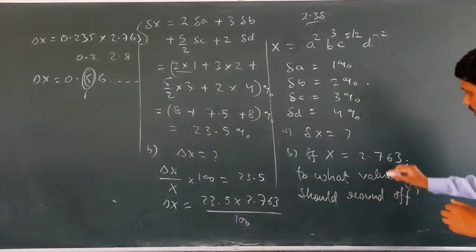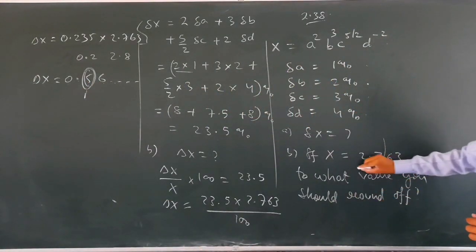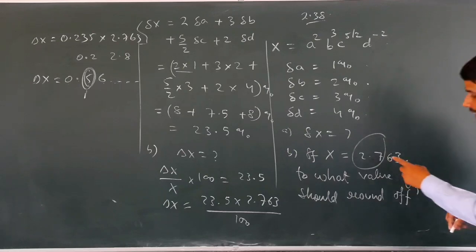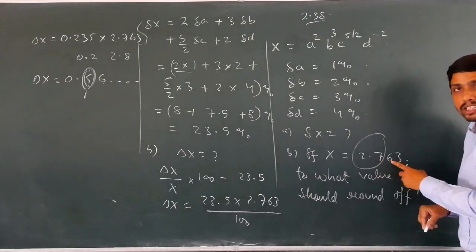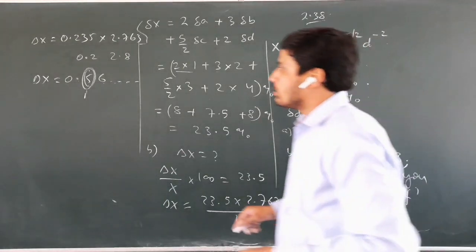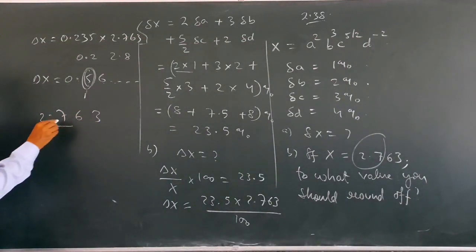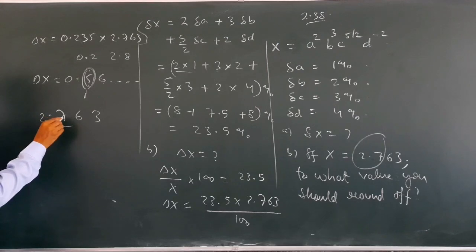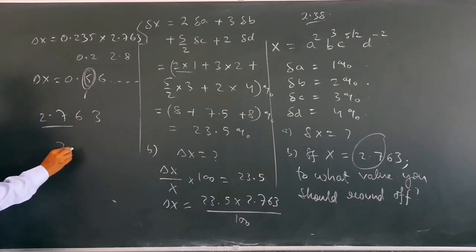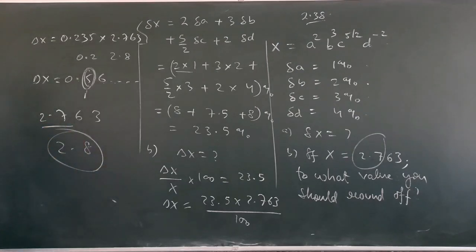After decimal, this is 7. Up till here we have to write. But the next digit is 6, which is greater than 5. Therefore, 2.763 correct to one place of decimal should be rounded to get 2.8 as the answer.